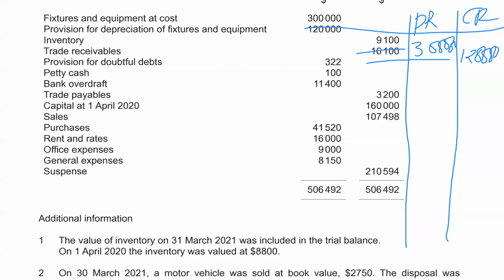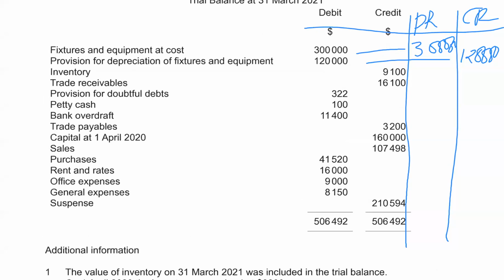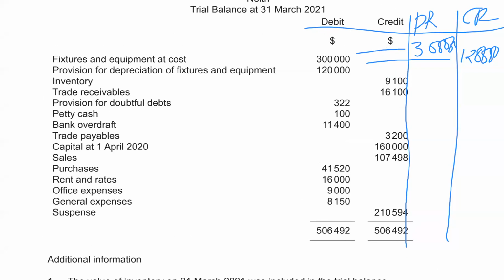That was valued at 8,800. And the inventory that we have was of that value, 8,800 for the inventory, okay?